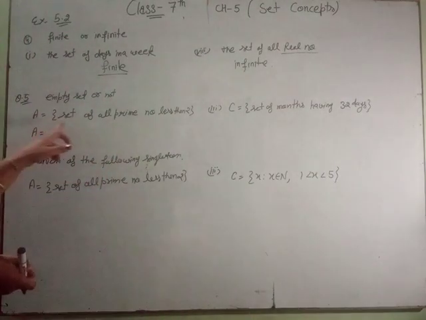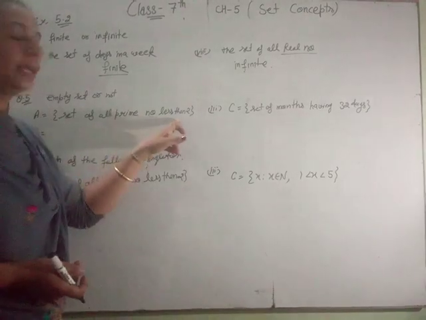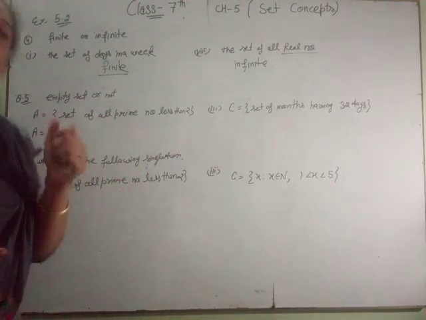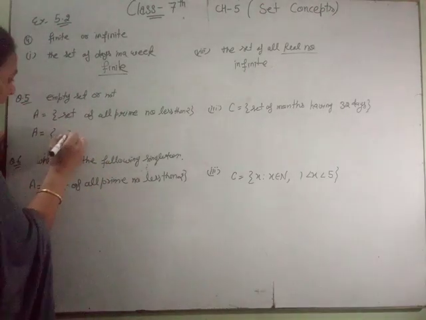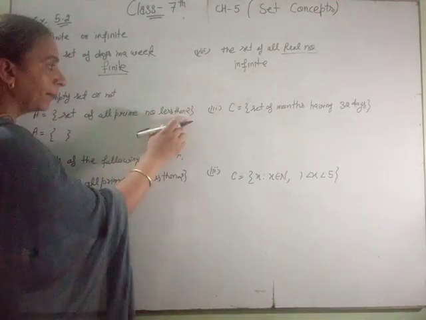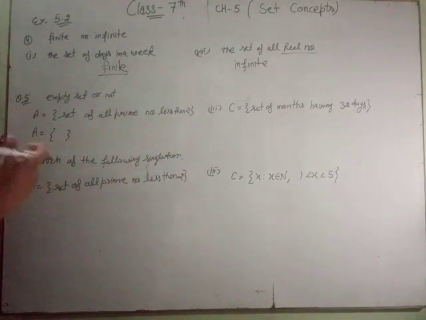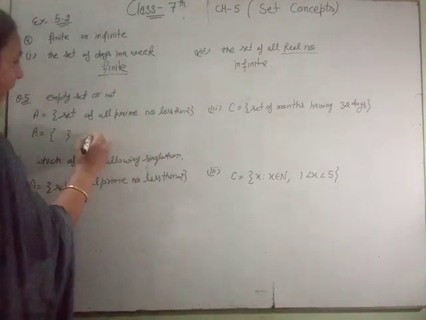But this set says all prime numbers less than 2. There is no prime number less than 2, because 2 is the first prime number. Less than 2 means 1, and 1 is not prime, not composite. So there is no element, so this is an empty set.